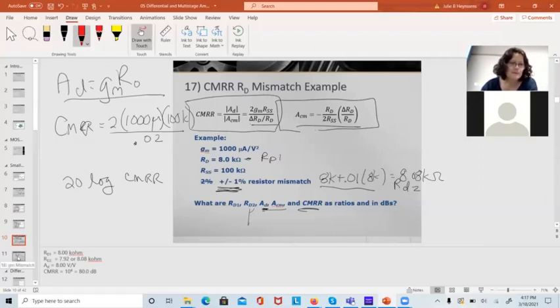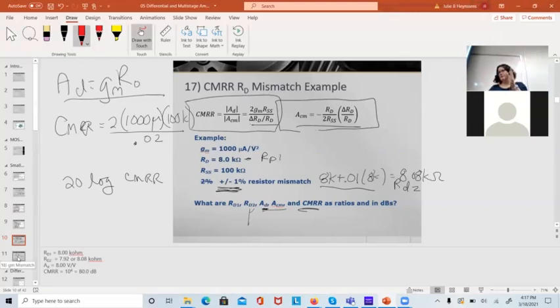Wait a minute, sorry. In the denominator of that middle equation, though, we have delta RD over RD. Isn't that 0.01 divided by 8? When you say a resistor has a 1% tolerance, that is really plus or minus 1%. So if I picked, worst case, I could pick one RD out of the bin that was 8.08K, and I could pick another one that was 7.92K. So there's actually a 2% difference between those.